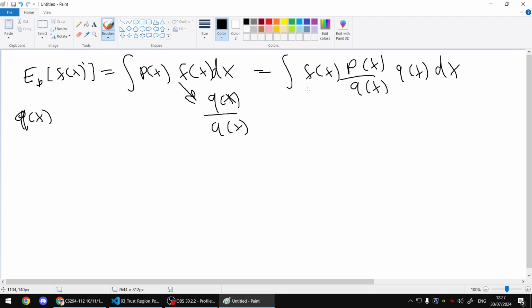Well, it's just saying that this is the same expectation of some other function, but over q.